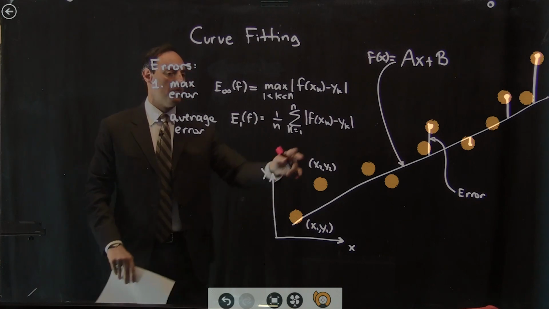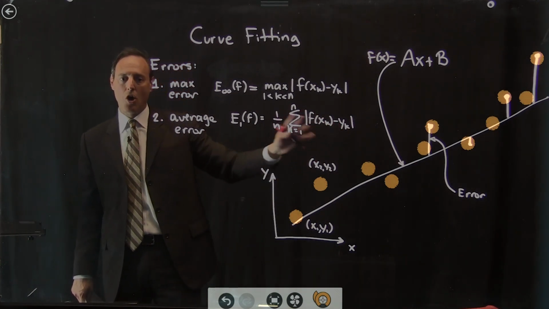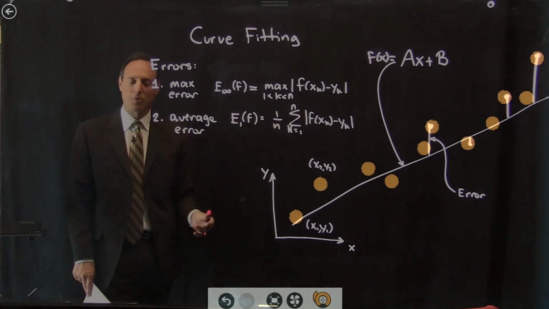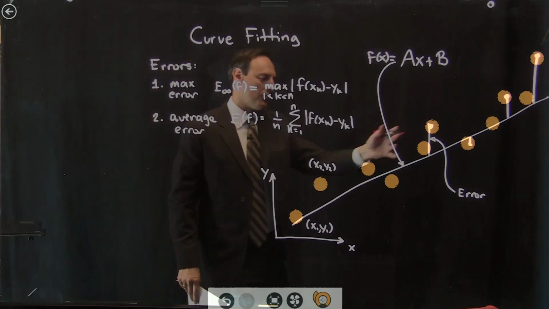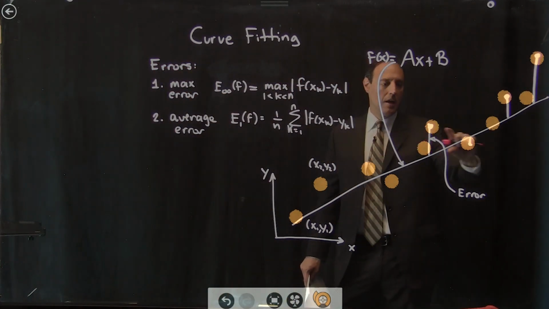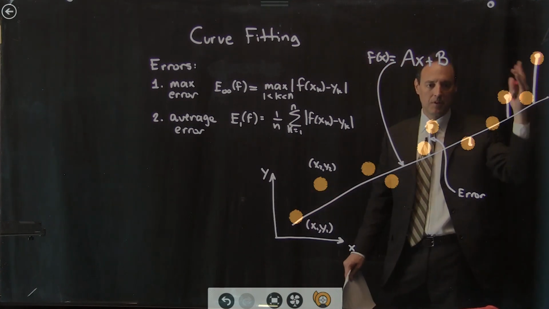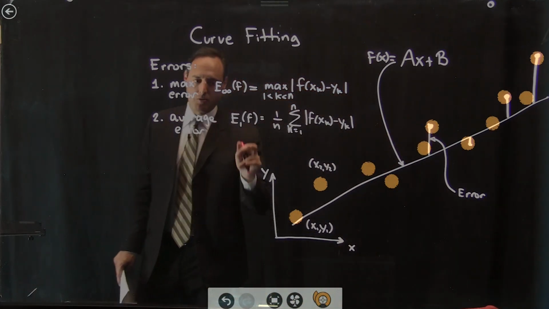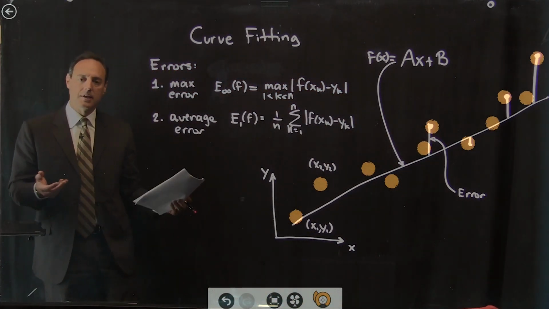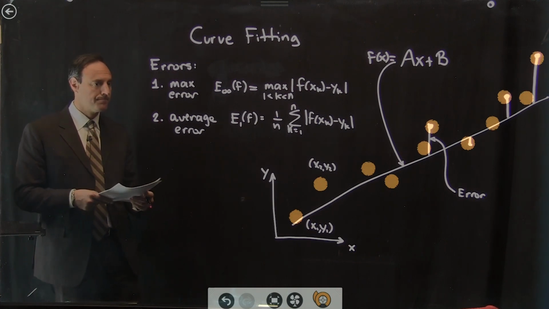So I take the distance between my approximation and the line, add them all up, and divide by the total number of points, and this gives me the average distance down to the line. Every one of these errors, from the point to the line, I add them all up and divide by the total number of points, and it gives me the average value of that distance. And part of what I want to do then is minimize that. So those are two definitions.